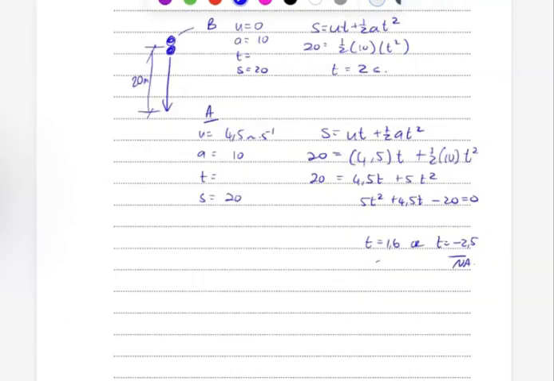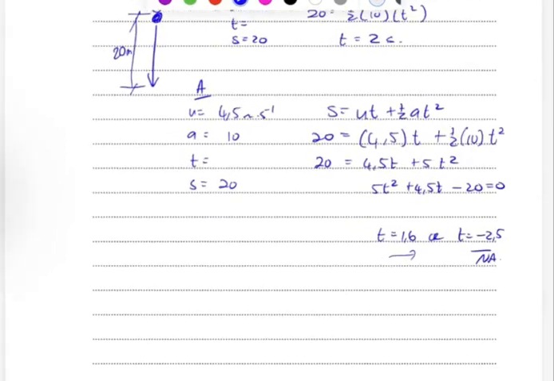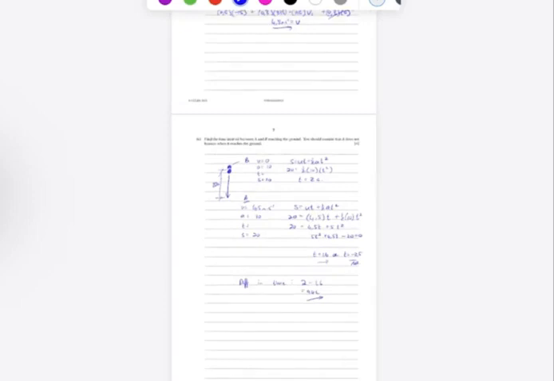So our time is 1.6. A reaches the ground 1.6 seconds after the collision, and B reaches the ground 2 seconds after the collision. So the difference in time is going to be 0.4 seconds, just the one minus the other one.